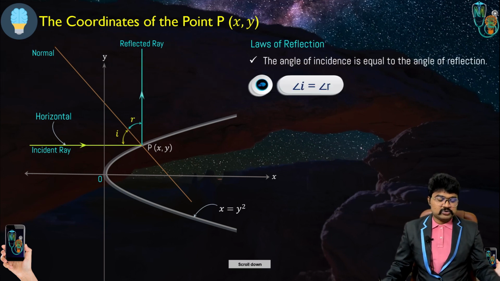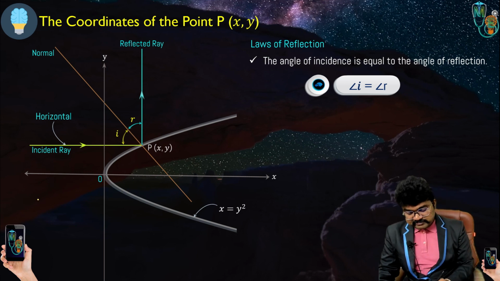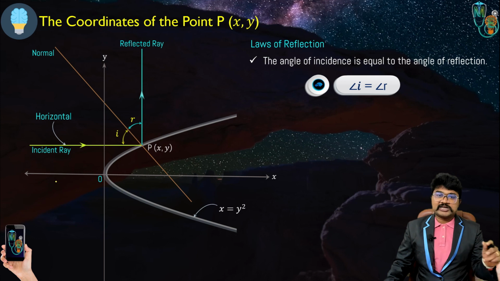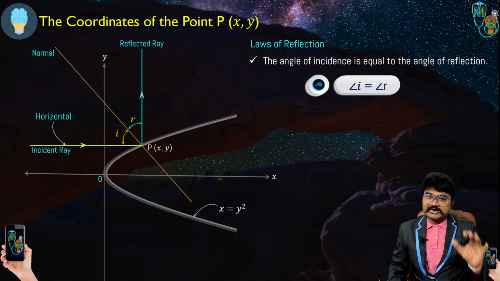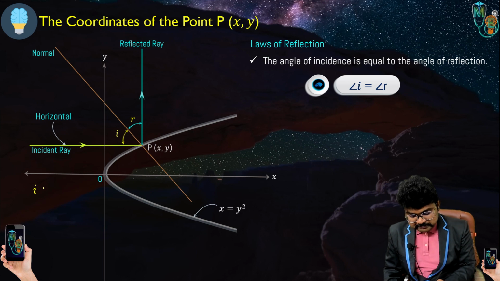So here I plus R equals 90 degrees, because the incident ray is horizontal and the reflected ray is vertical.